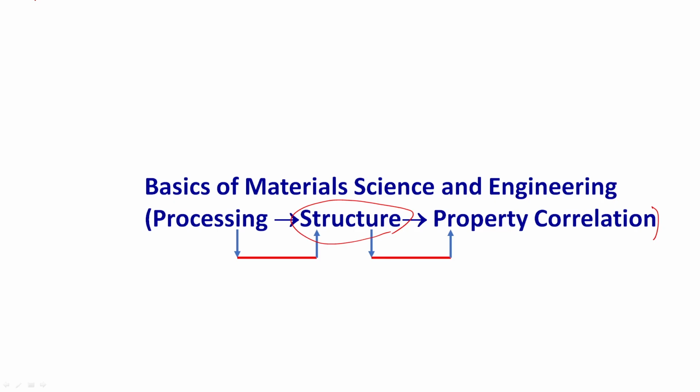So, if you want to make something out of a material, you need to use some processing route, and depending on the type of route you use, the material structure will change, and that is why you can create different kinds of structures, which in turn will have a direct correlation with the property. So, it is important to understand these aspects, so that you can actually design materials with target properties and use structure as a playing ground to achieve those properties.